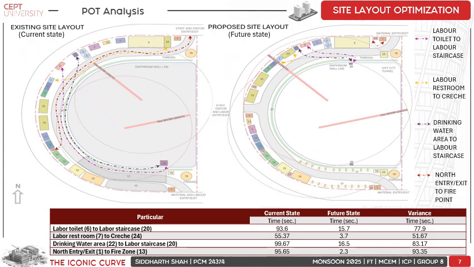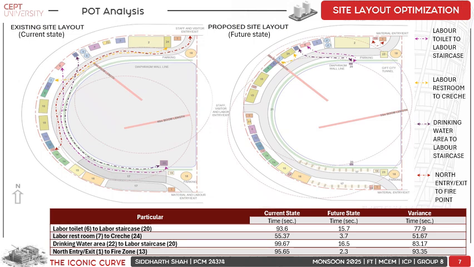So coming on to the POT analysis, first is the labor toilet to labor staircase. As you can see in the existing site layout, the labor had to take the south side labor staircase and go all the way around to the labor toilet, which is highlighted with the number 6.